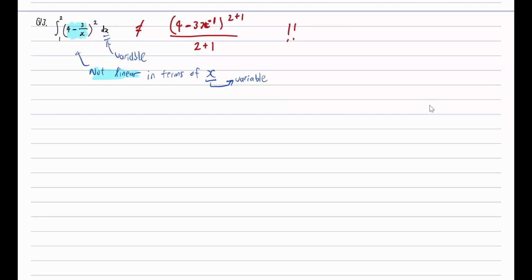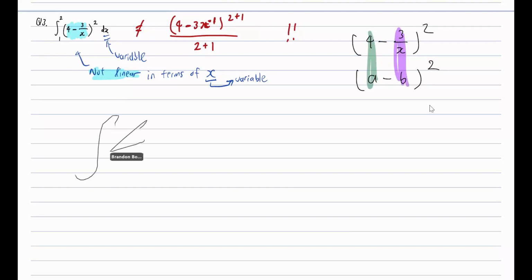A is 4, and then B is 3 over x. Why can't you just integrate inside?